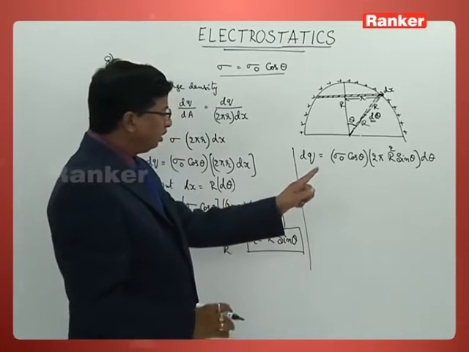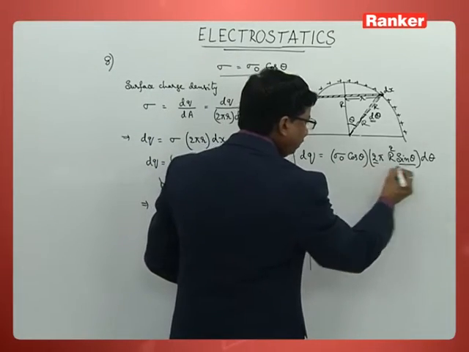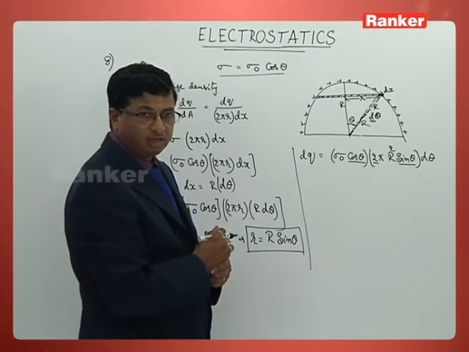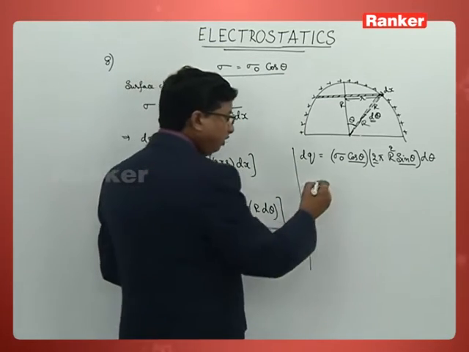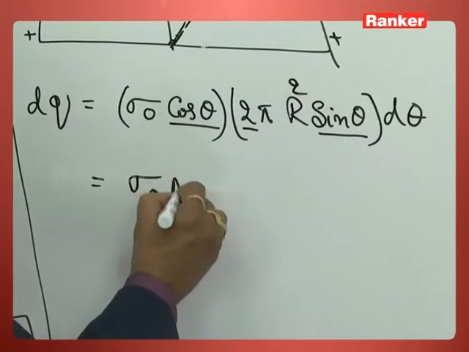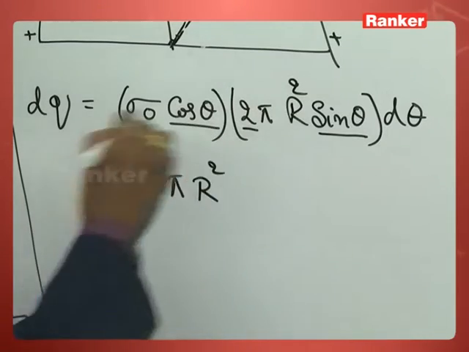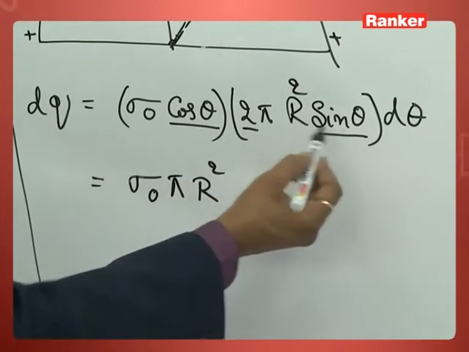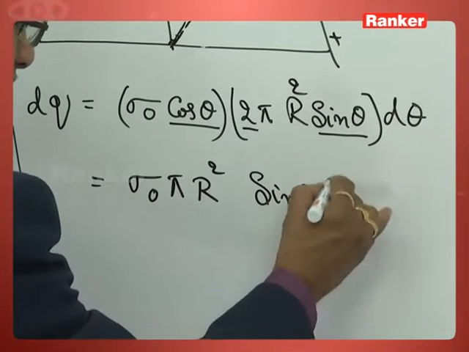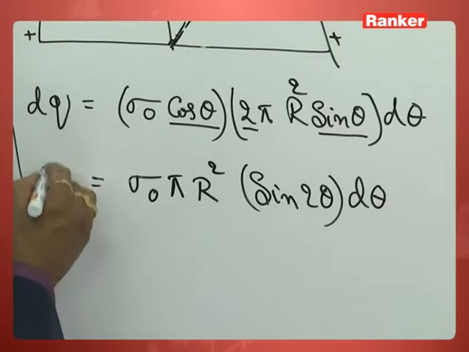Now just look carefully. This can be taken as 2 sin theta cos theta, which can be written as sin 2 theta. So what is that equation we are going to get now? Sigma naught will be as it is, pi will be as it is, R square will be as it is. Then 2 sin theta cos theta now becomes sin 2 theta into d theta as usual. You will be getting that as dq.